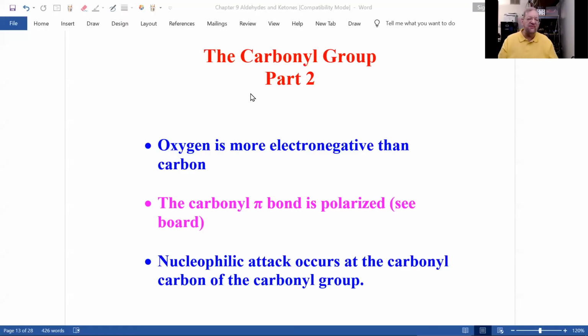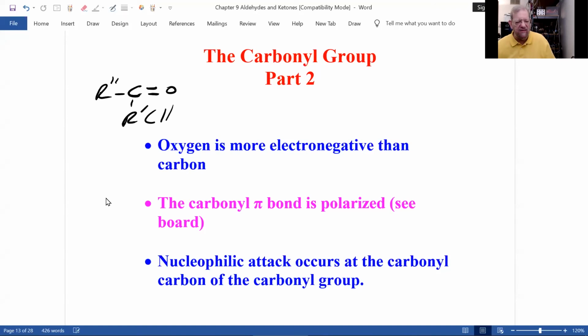Now, when we talk about the carbonyl group, and remember I did part 1 earlier, carbonyl group, carbon double bonded to oxygen, and an aldehyde or ketone, when R prime is hydrogen, aldehyde, when R prime is carbons, ketones. Now, the oxygen is more electronegative than carbon.